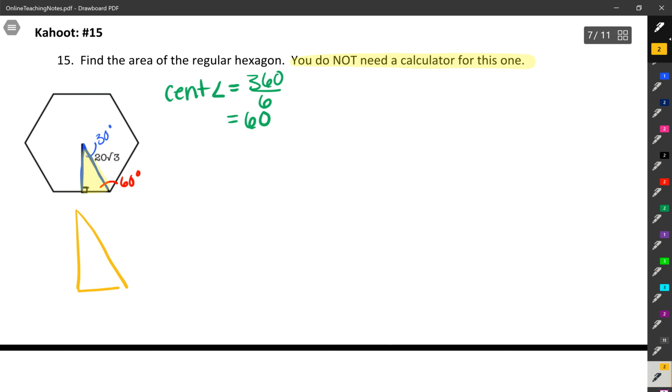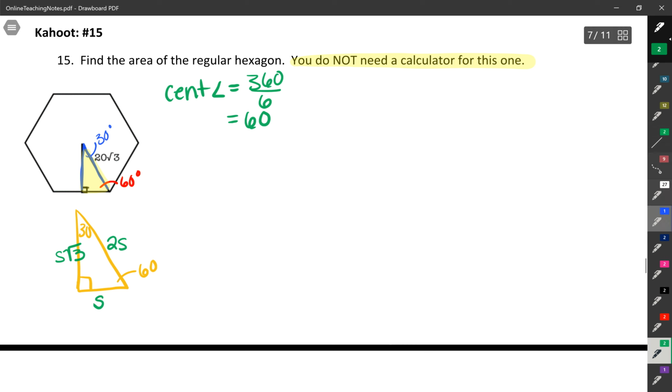So I'm going to draw that a little bit bigger. Here's our 60, here's our 30. We know that the opposite side is S, the hypotenuse is 2S, and the adjacent side here is going to be S square root of 3. So we know that 2S is equal to 20 square root of 3, as it says on the diagram.